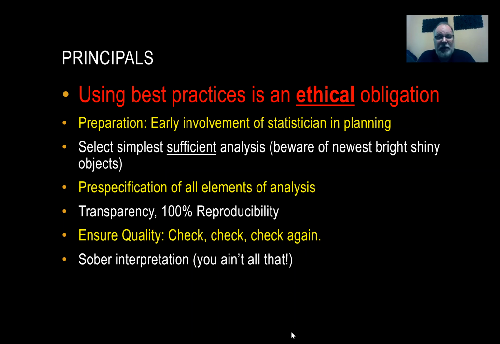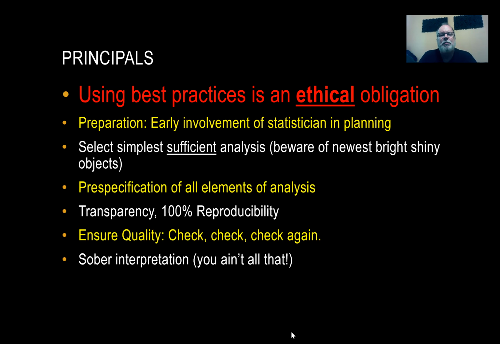We take public money, on good faith from the people that provide that money that we're going to do the right thing. We also have an agreement with the people who volunteer for our studies, who decide to participate, that we're going to do the best possible thing with our data. So there's a strong ethical obligation, and it's really an ethical breach not to use best practices.